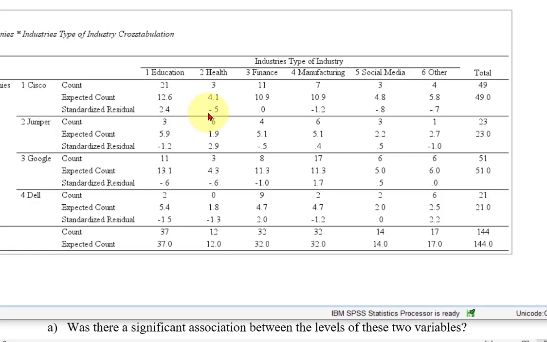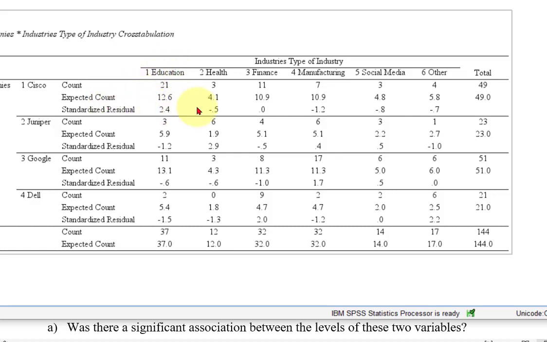Remember, it doesn't matter if it's positive or negative. So here's one right here. We got Cisco and education. So here's an association. If the null were true, we should get about 12.6 people from Cisco that are in education. But in reality, we got 21. So there's one right there. There's an association, that people that work at Cisco tend to go into education more than expected.